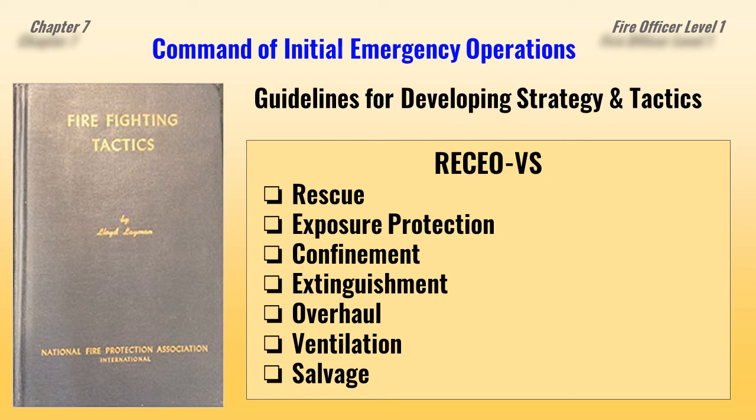It gives you cues: rescue, did I account for search and rescue; exposure protection, do I have to protect any exposures; confine the fire, how do I confine the fire; extinguish the fire; overhaul; ventilation; salvage. Just some cues as a checkoff sheet that you can use as a commander to make sure that you hit all these points and didn't miss anything.